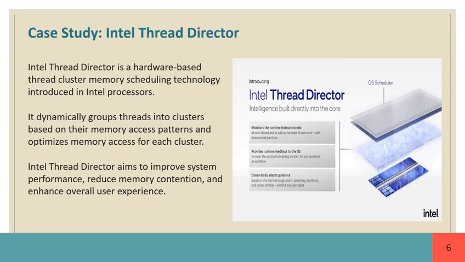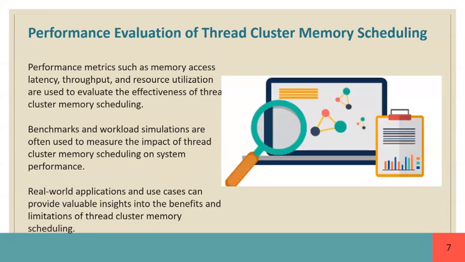It provides runtime feedback to the operating system to provide the optimal scheduling decision for any workload or workflow. Dynamically, it adapts guidance based on the thermal design point, operating conditions, and power settings without any user input. This is all about the case study of the Intel Thread Director.